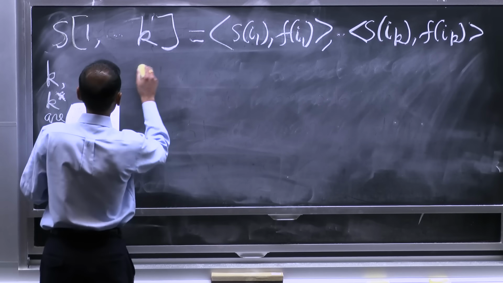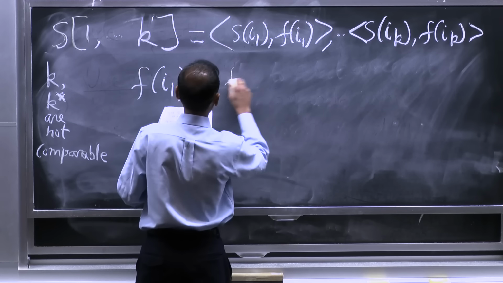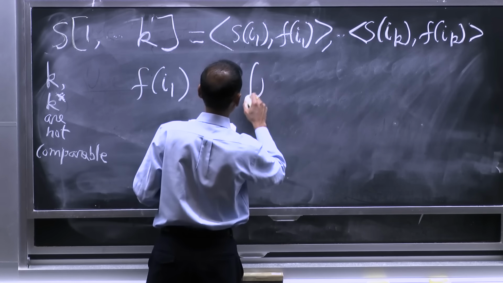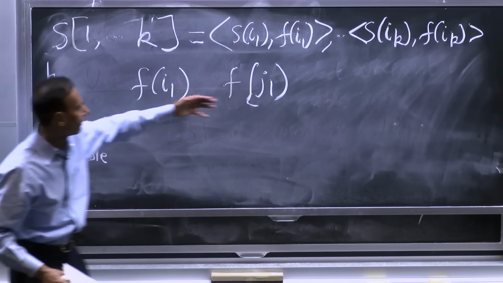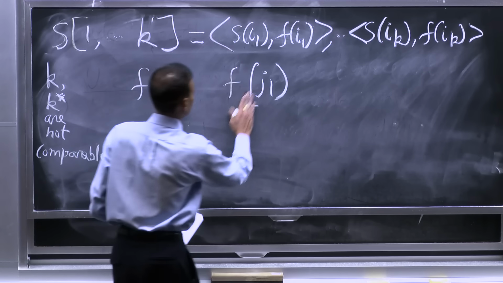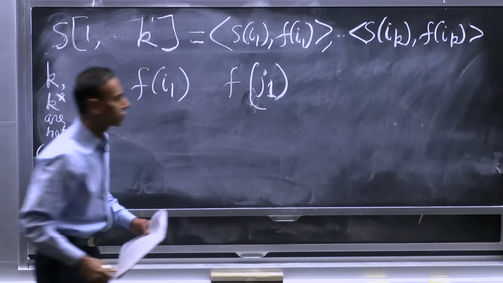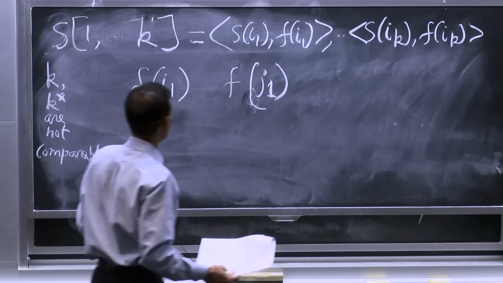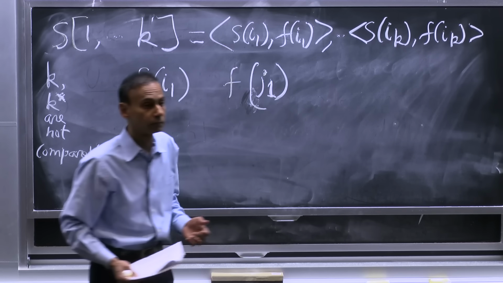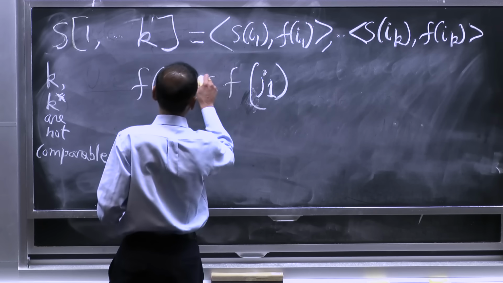If I look at f of I1, and if I look at f of J1, what can I say about f of I1 and f of J1? Is there a relationship between f of I1 and f of J1? They're equal? Do they have to be equal? Yeah? Less than or equal to. Exactly right.